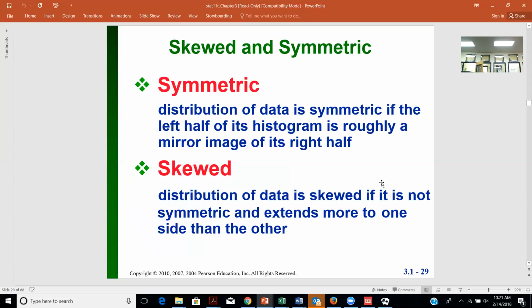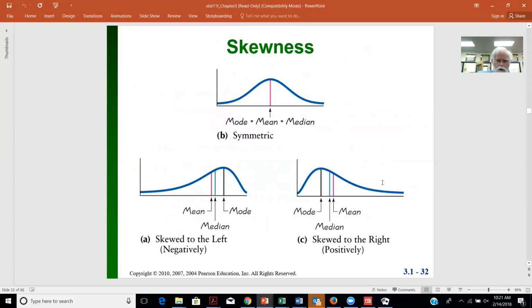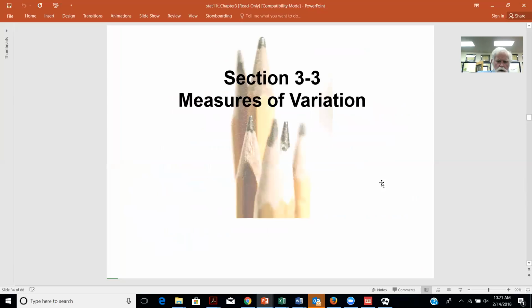There is a measure of variation in data that is called a standard deviation. And I want to get to that in a second here.